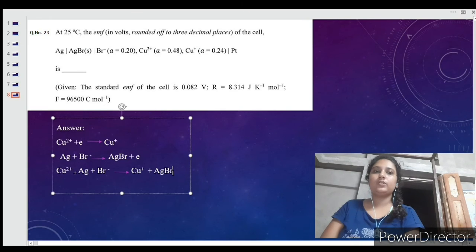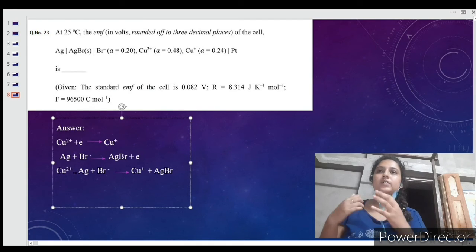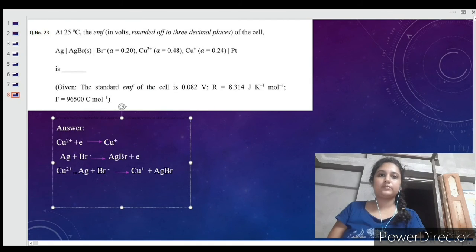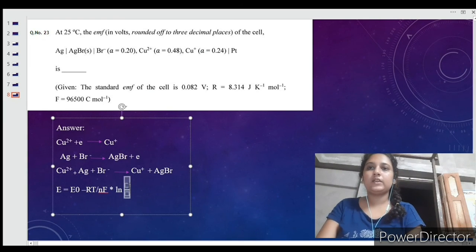Okay, so the total net reaction involved in the cell is Cu2+ to Cu+ formation, and Ag plus Br minus to AgBr formation. Now to find the EMF of the cell, we have to take help of the Nernst equation. Here the products are Cu+ and AgBr.